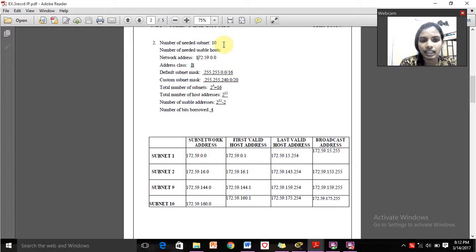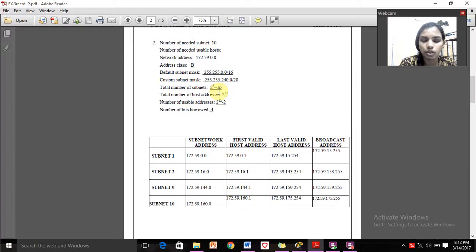If you want to get 10 networks, we have to borrow 4 bits, so the /16 will be changed to /20, and 1 1 1 1 and 4 zeros will be the custom subnet mask, so it will be 255.255.240.0, and the total number of subnets will be 2 raised to 4, that is 16.